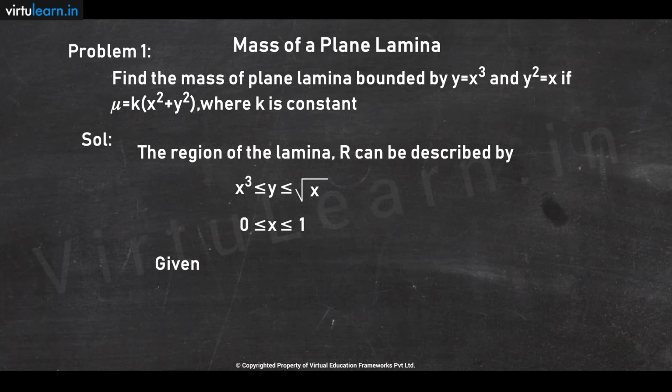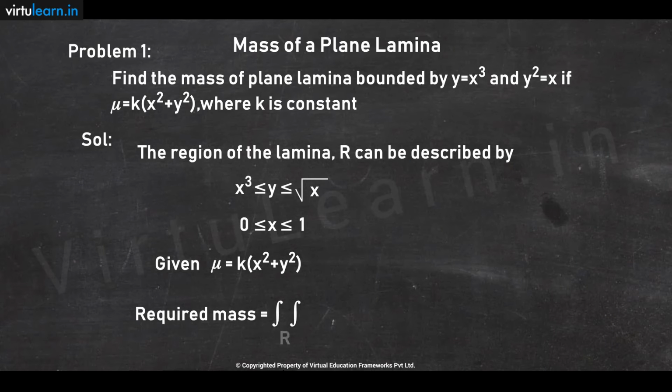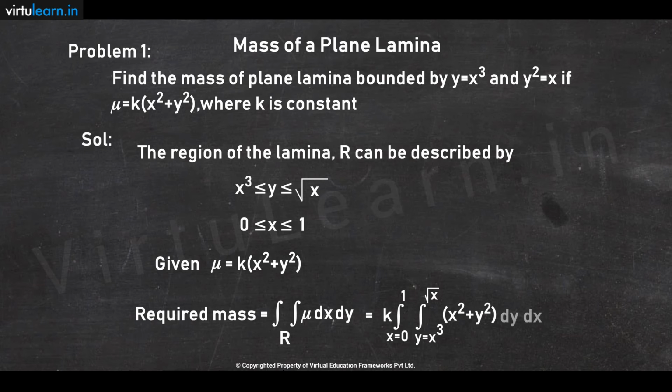Also given mu is equal to k into x square plus y square, where k is a constant. So required mass now becomes integral over the region R mu dx dy. Or on substituting for mu, we get k into integral x is equal to 0 to 1, integral y is equal to x cube to root x of x square plus y square dy dx.